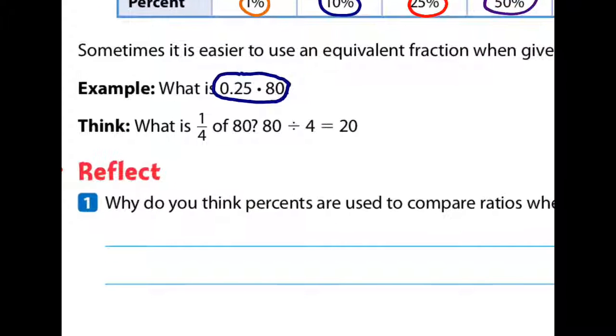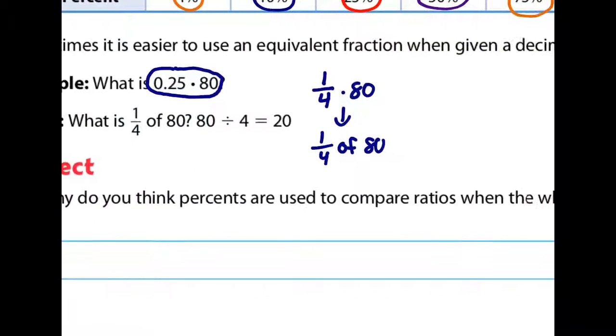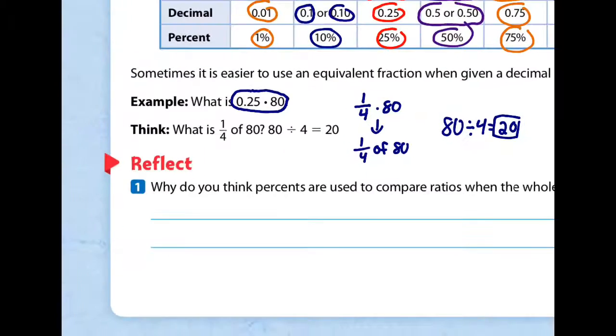So instead of 25% times 80, think of the equivalent fraction, 1/4 times 80, which is the same as 1/4 of 80, which means to find 1/4 of 80, you just do 80 divided by 4, which is 20. So all they're saying is sometimes fractions are easier than decimals when you have to compute.